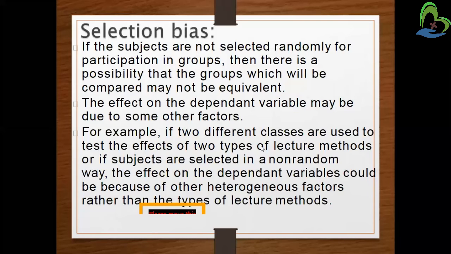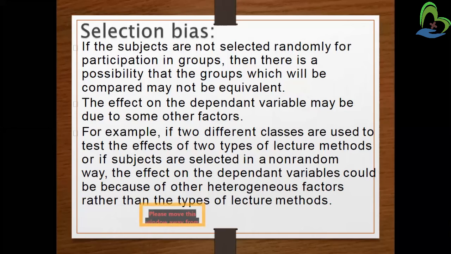Next is selection bias. Randomly selected participants can be observed anytime, but if they are not randomly selected and are taken from a known group, then there will be no equivalent result. The effect on the dependent variable may be due to some other factors.